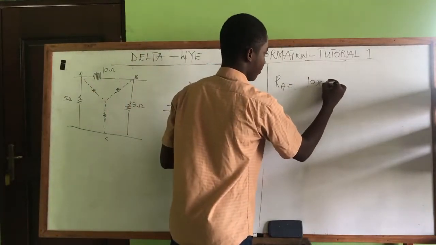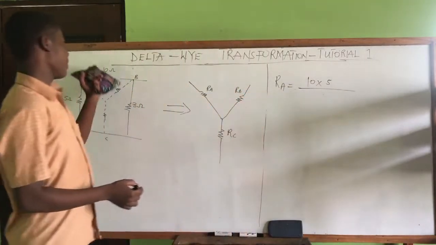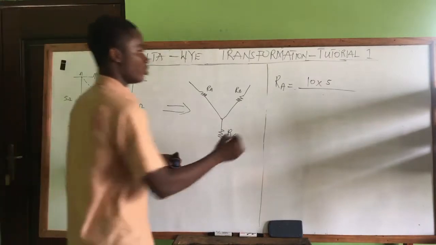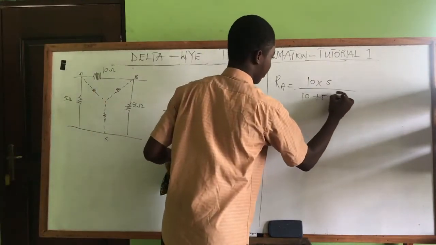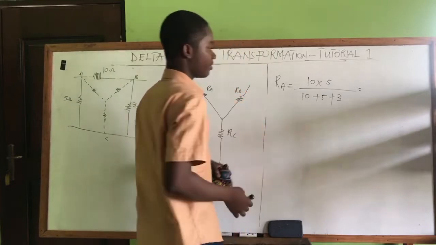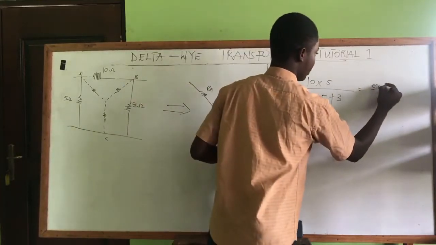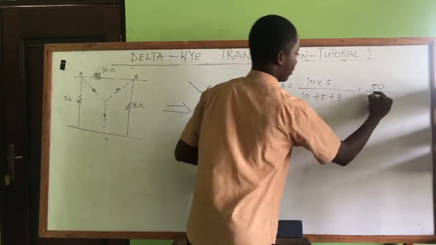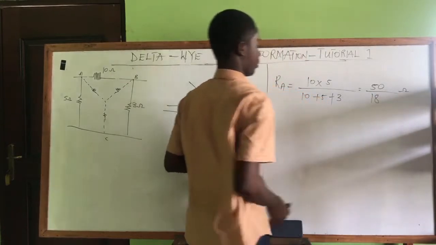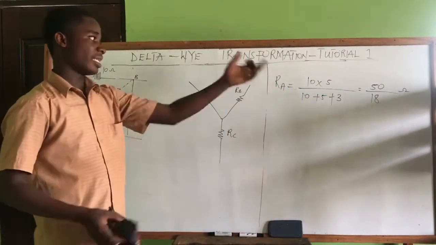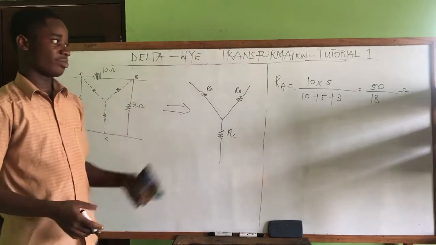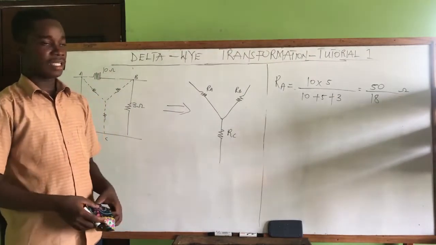So 10 by 5 over the summation of the delta values, which is 10 plus 5 plus 3. And this gives us 50 on 18 ohms. I'll leave it like this. I don't need to simplify further. So 50 on 18 ohms.